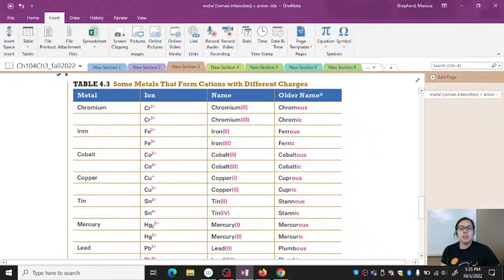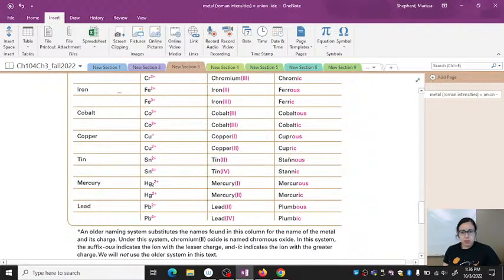But if you notice, there are two most common oxidation states for most of these metals, and the one with the lower oxidation state takes the -ous form, and the higher number takes the -ic. So if you see chromous in a textbook or on an old chemical bottle, that just refers to chromium 2+, versus chromic, which is chromium 3+. So iron has ferrous and ferric. Same thing with cobalt, so you see cobaltous versus cobaltic.